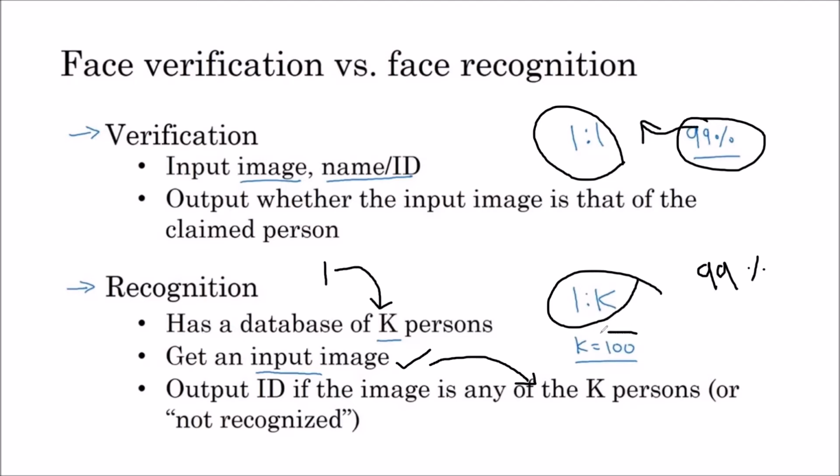If we take k equal to 100 and we get 99% accuracy, then there might be a chance that for each person it is missing one time. So 100 times it is missing. That's why in face recognition, we require an accuracy of 99.9%. More than that, we require in order to get a very good face recognition system.